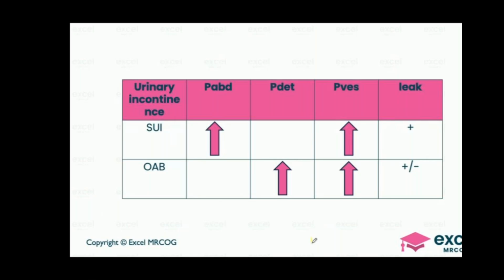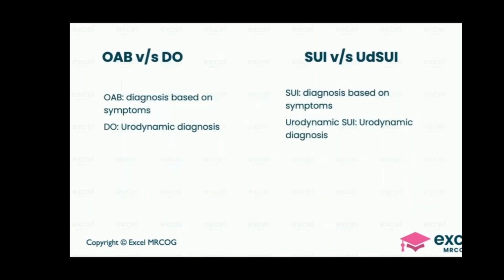And when you need to check for SUI, you just check if there is any leak with abdominal pressure rising. In detrusor overactivity, you may or may not have leak. And this is what I was telling you about the difference between OAB and detrusor overactivity.